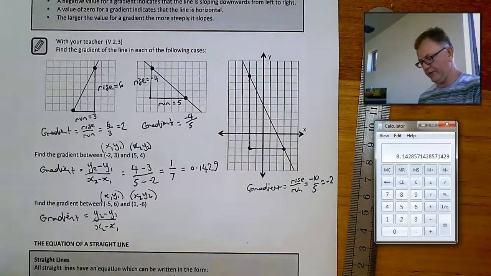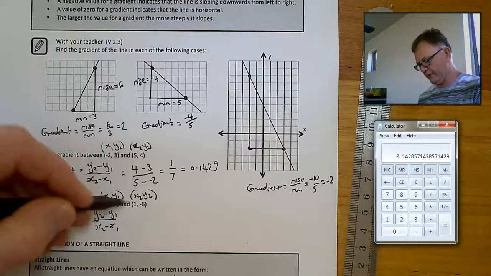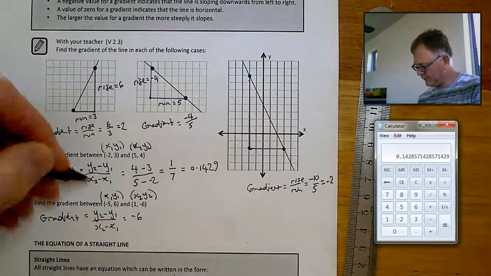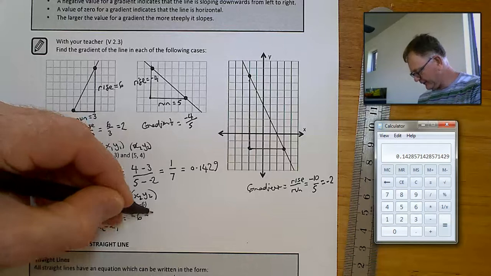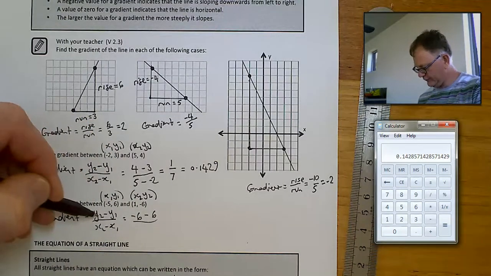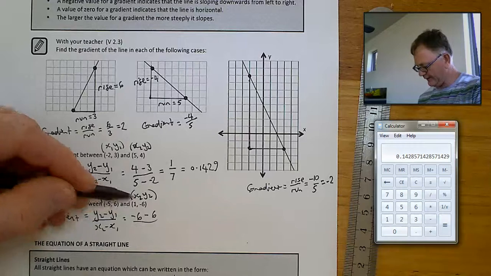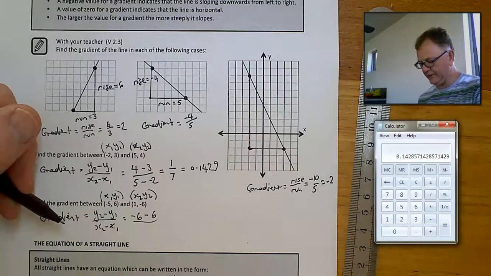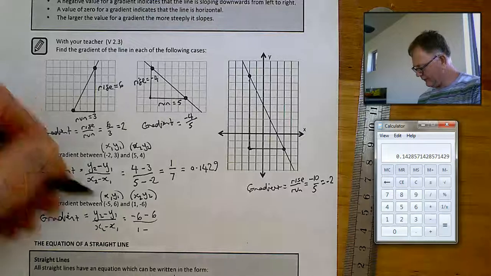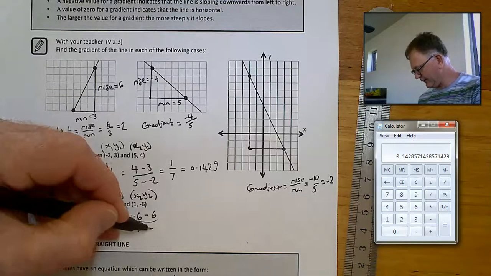Now all I have to do is get these values. For y2 is equal to negative 6, y1 equals 6, so be careful. We've got y2 minus y1, negative 6 minus 6, over x2, 1, minus x1, negative 5.